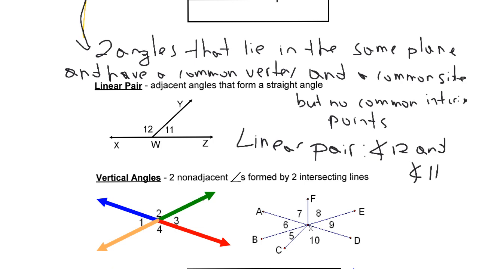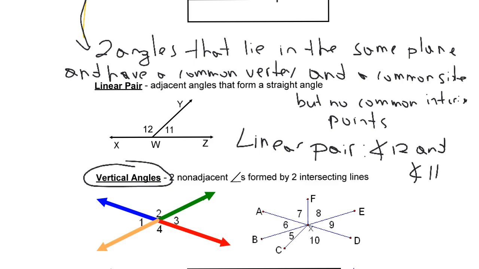The next one is probably the most important concept of chapter 1 and in general in geometry: vertical angles. So what are vertical angles? Vertical angles are two non-adjacent angles. Non-adjacent means they are not next to each other. They don't share a common side and are formed by two intersecting lines.